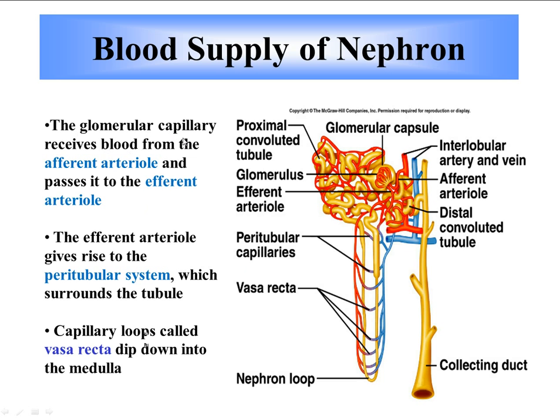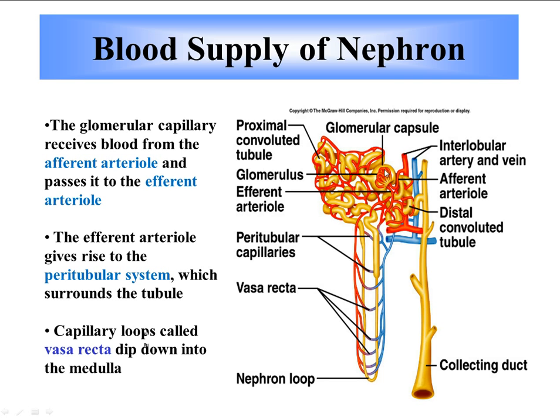The glomerular capillary receives blood from the afferent arteriole. It comes in from the interlobar artery to the cortical radiate artery, to the afferent arteriole.